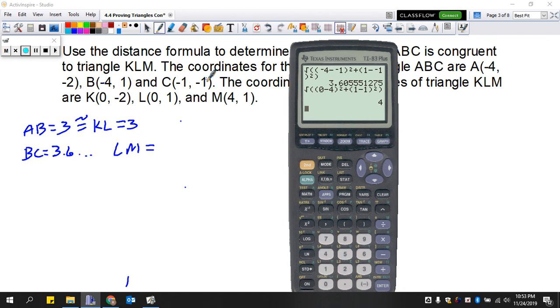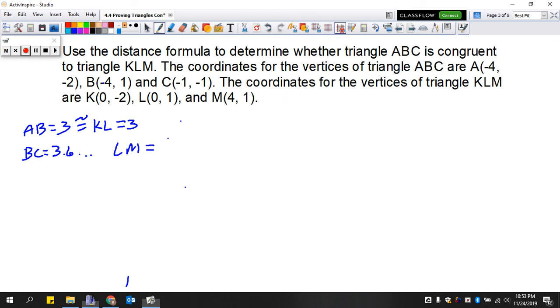Okay, so that's what we got there. We end up with 3.60555125. LM 0 minus 4 squared plus 1 minus 1 squared. And we had said that the length of LM is 4. So that is not congruent.